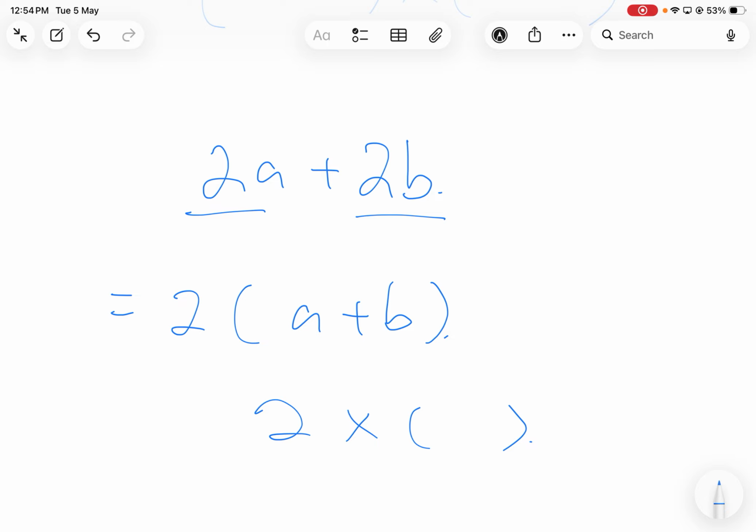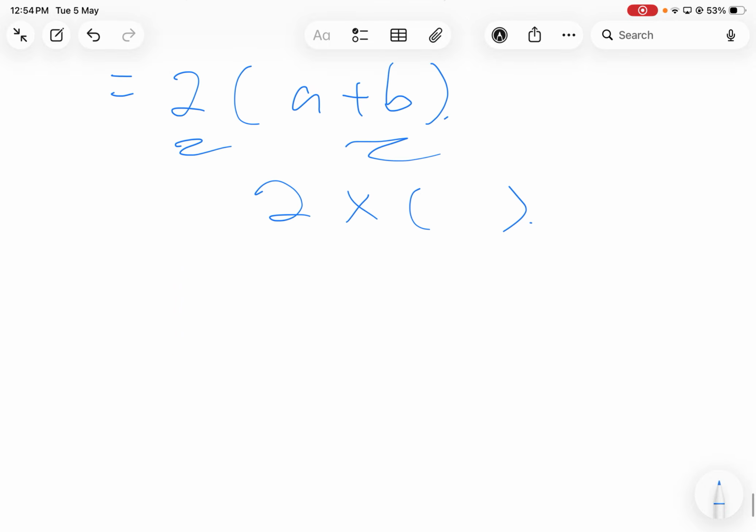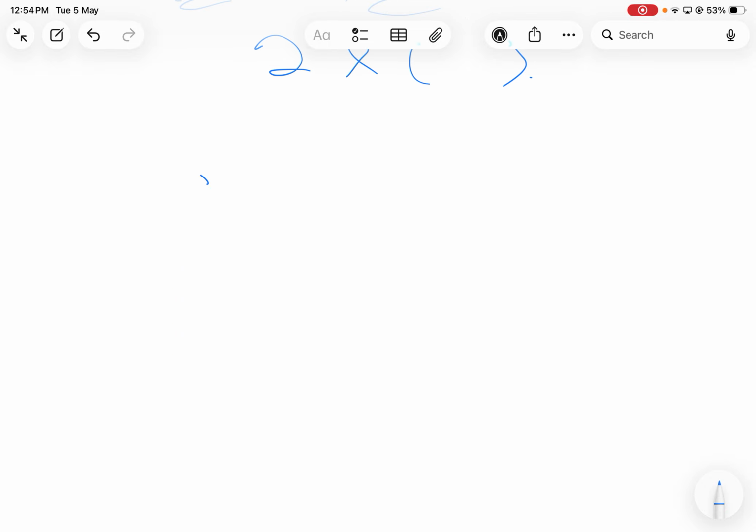What you learned in the previous chapter, factorization. Now you need to apply. When you have 2a plus 2b, you can factorize. Then after you factorize, you can look to see whether I can cancel the 2 between the numerator and denominator. Similarly, can I factorize? Yes.